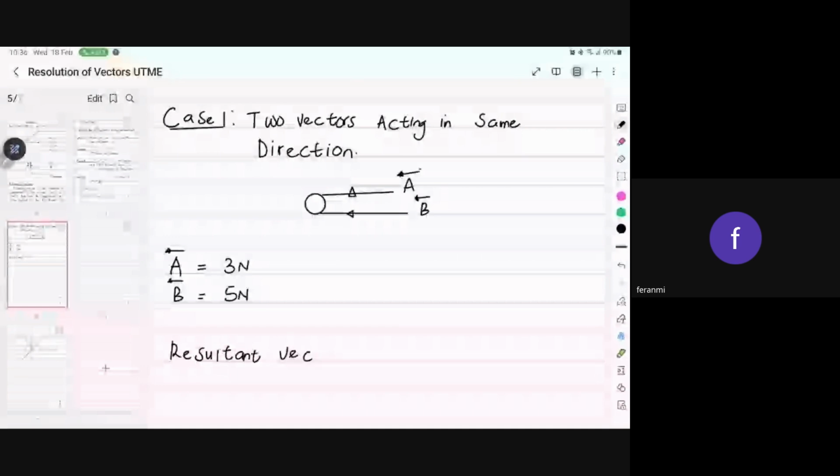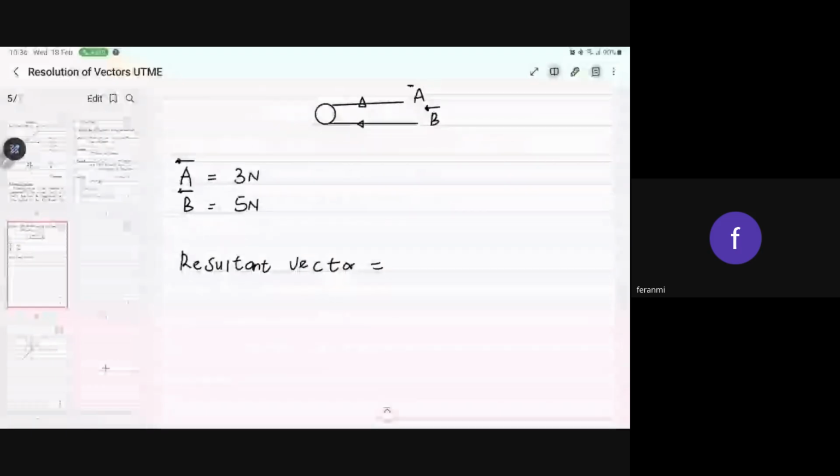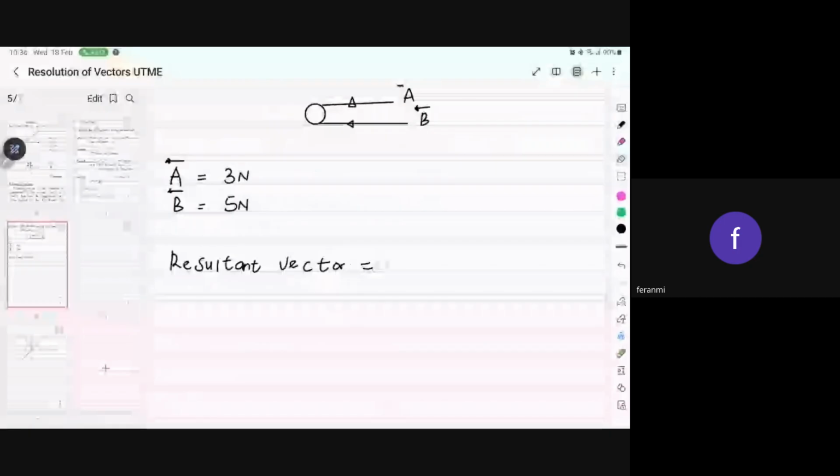The resultant vector would be equal to, since they're in the same direction, right? If they're acting in the same direction, we're going to add them together. That will give us both of them added. So the resultant vector should be equal to what? 3 plus 5. So the resultant vector R is equal to 8 Newton.